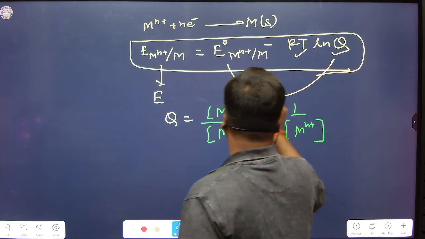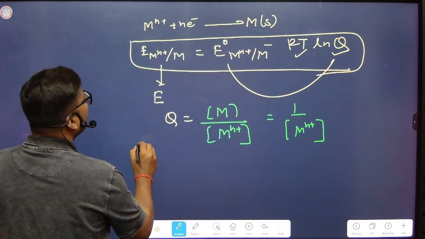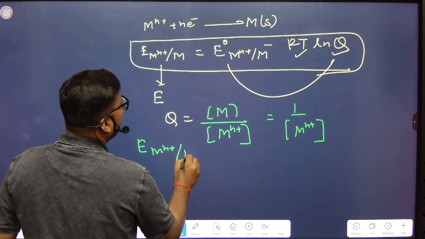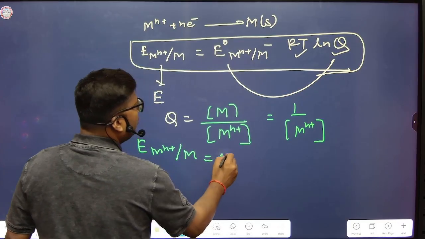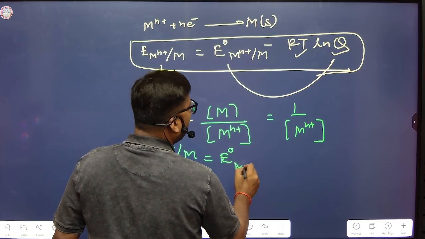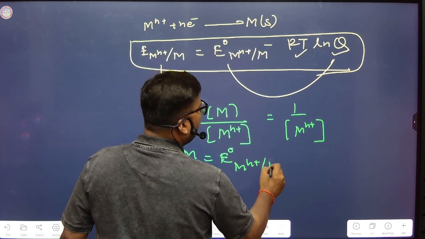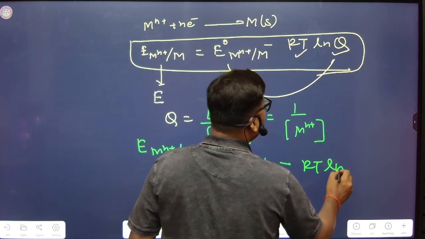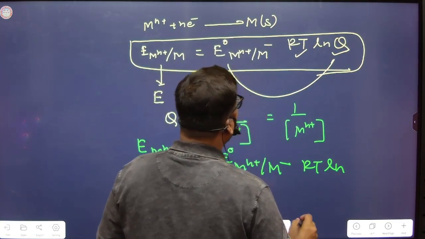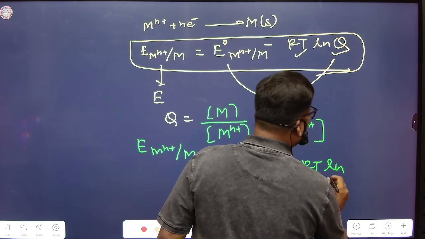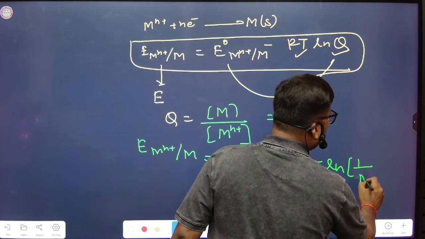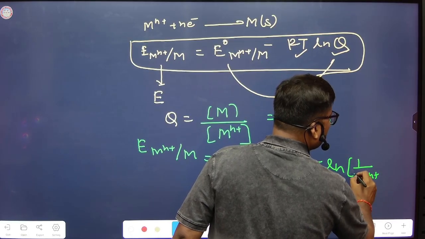So what happens in this reaction? E of Mn plus/M is equal to E naught of Mn plus/M minus RT upon nF ln 1 by Mn plus, right?